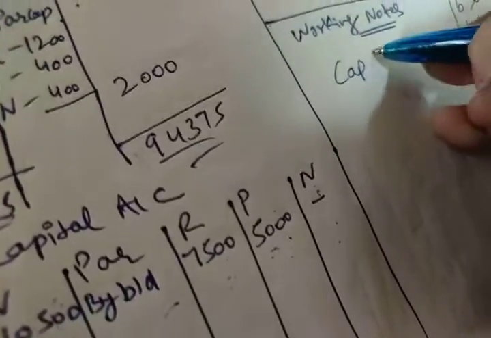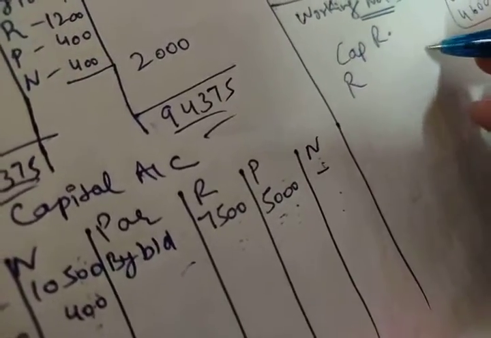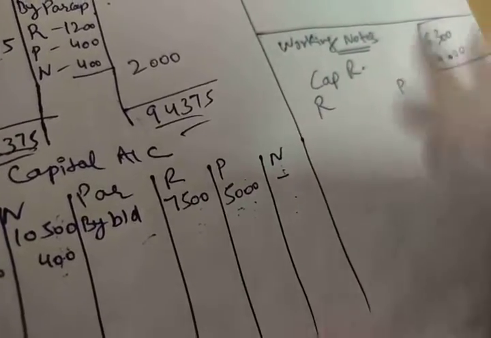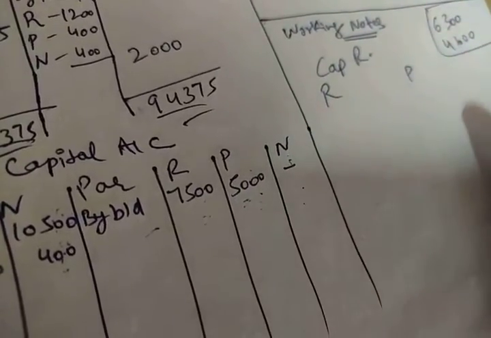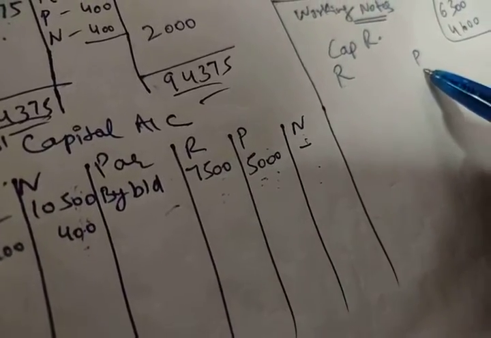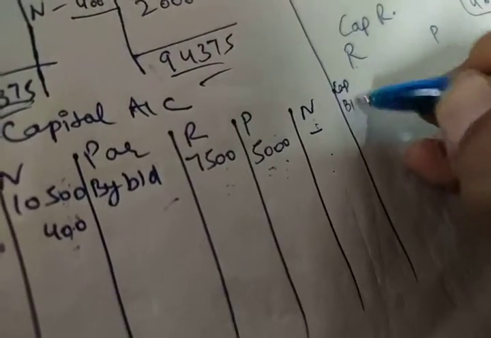Now for the capital ratio, we have two partners who are still having some credit balance. Even though the question is saying that all three became insolvent, they still have some credit balance, so better to utilize that. Now R and P. First we have to take their capital balance from the balance sheet.